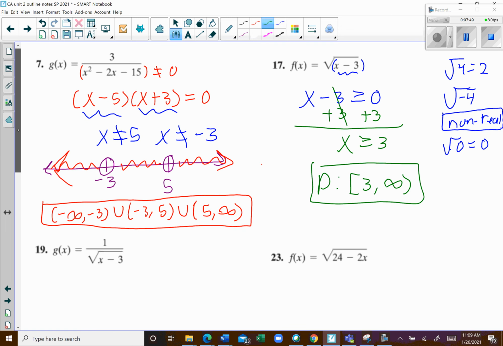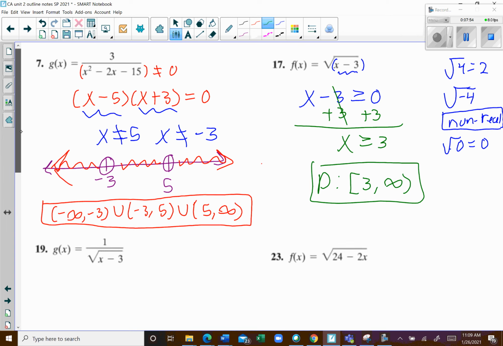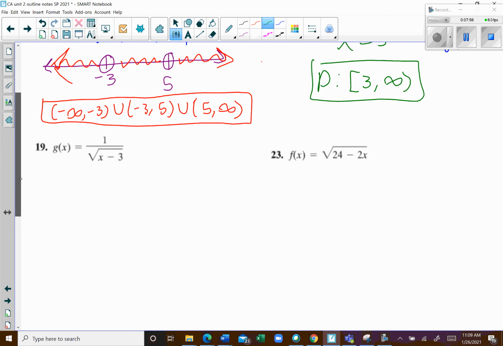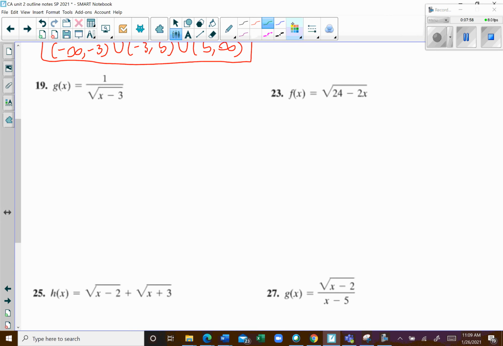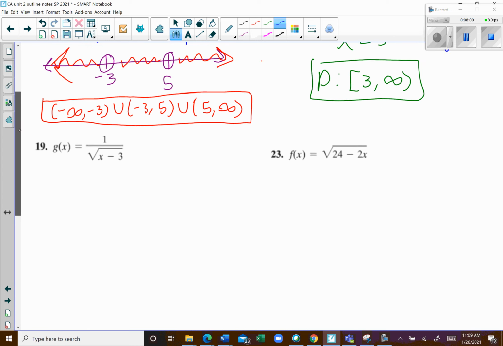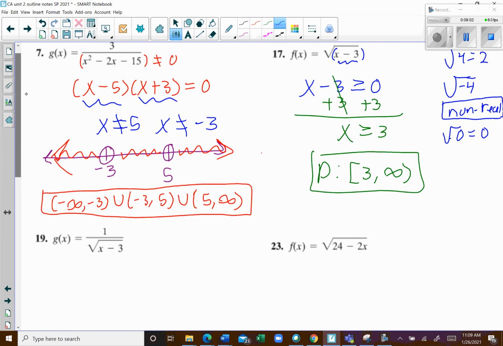Okay. Looking at 17, if you look at 19, they look very similar. I have the square root of x minus 3. The only difference is it's in the denominator spot. Remember, before, my expression just needed to be non-negative.